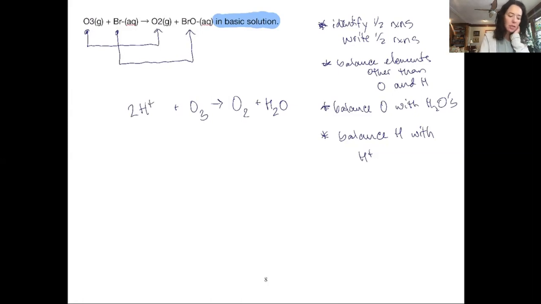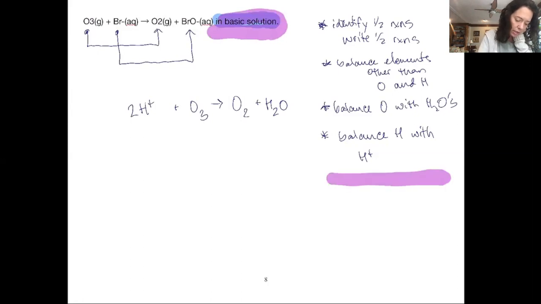Now, because this is basic, this is the only reason we did not do this last time. This is the only difference because this is basic. Hold on. I don't want that big black thing there. Because this is basic, we will add equal amounts of OH to both sides.